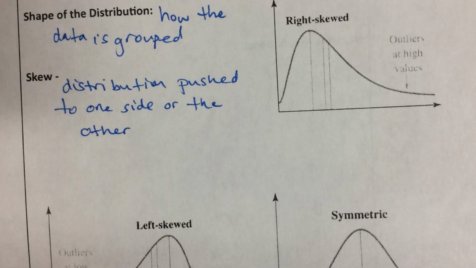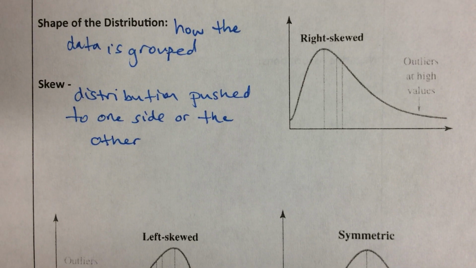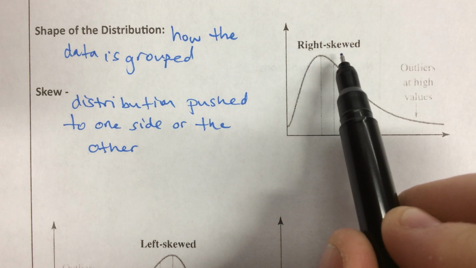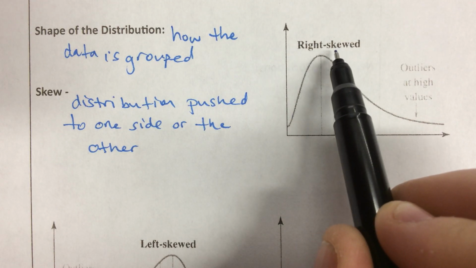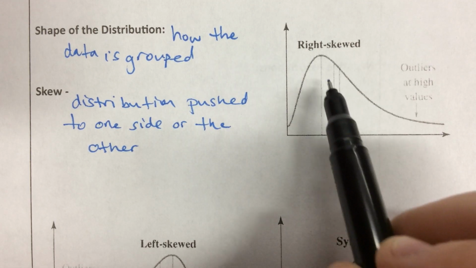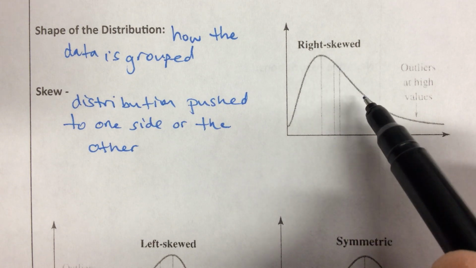Now, be careful with this. It is the opposite of what you might think. So the first one here, we have a right skewed. Now, you might think that skew means pushed to the right, but it's actually opposite. If you notice, the hill here is to the left.